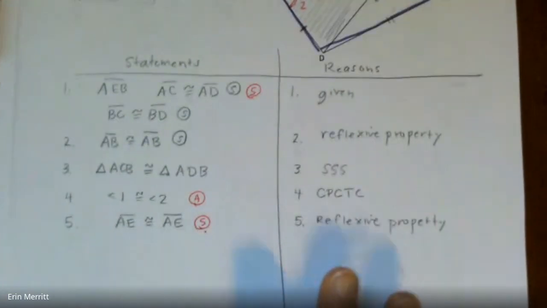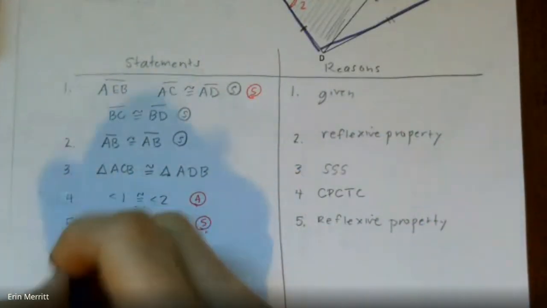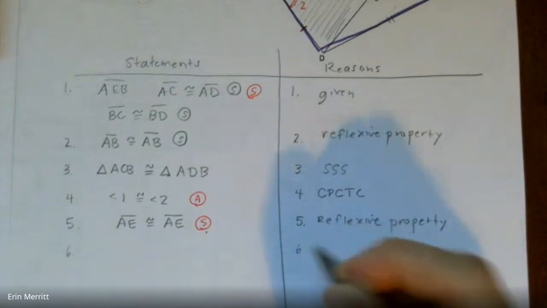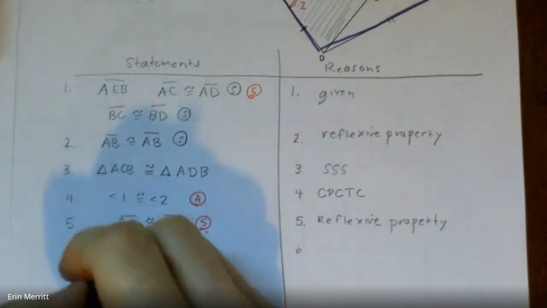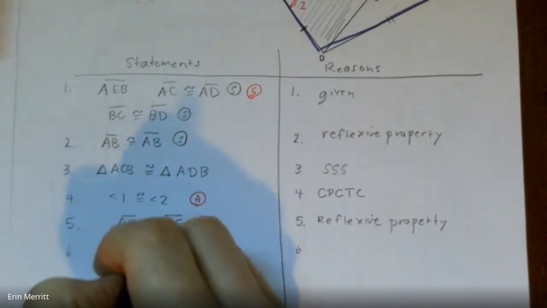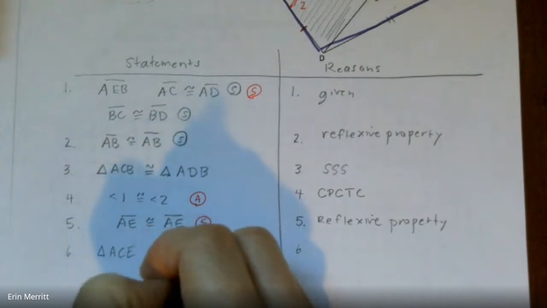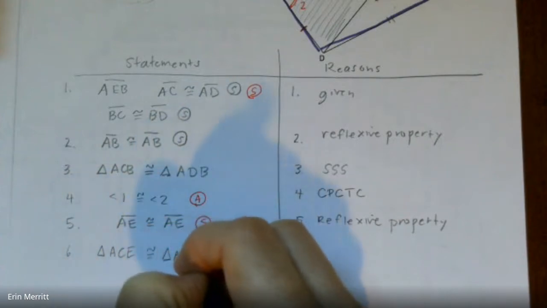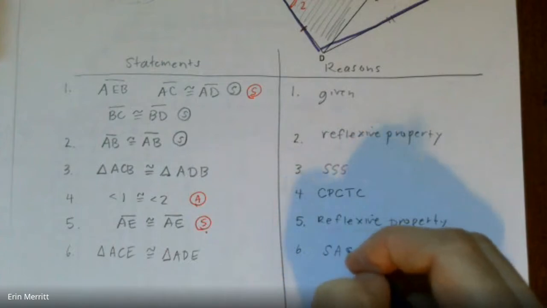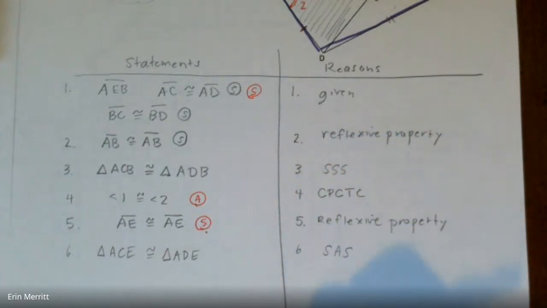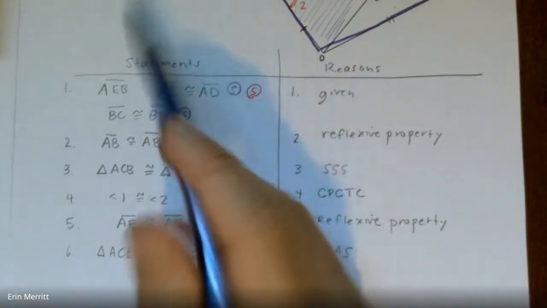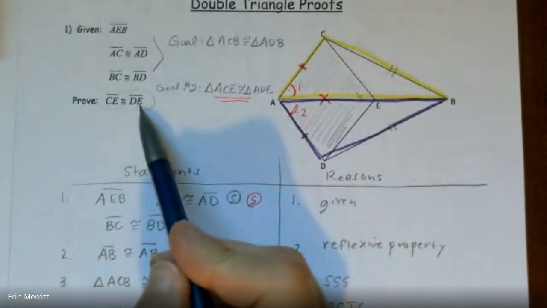I'm going to slide it up so you guys can see it. So in step 6, I was able to now say triangle ACE is congruent to triangle ADE, and it's by side, angle, side. All right, but we're not quite done yet. Our final step is we are trying to prove that segment CE is congruent to segment DE.